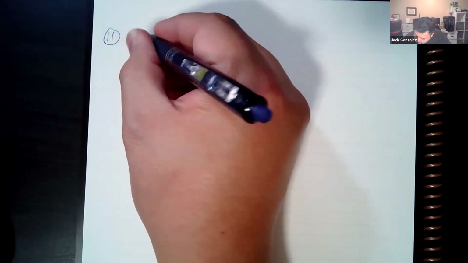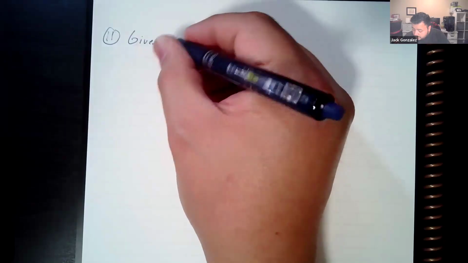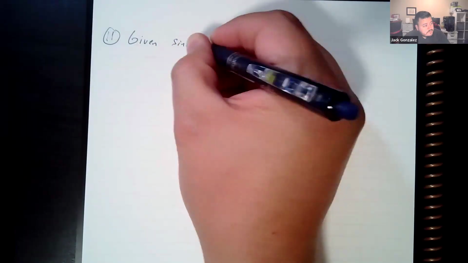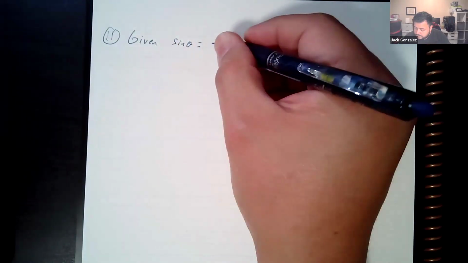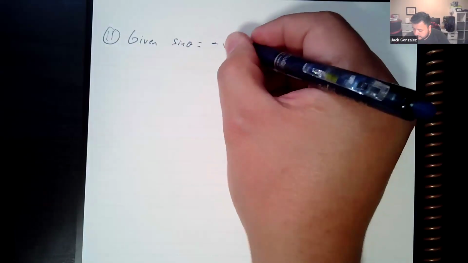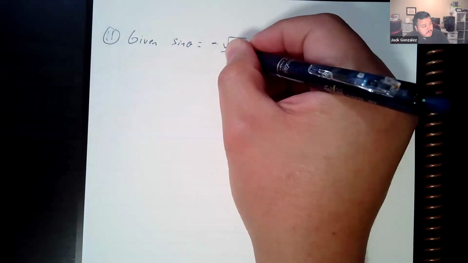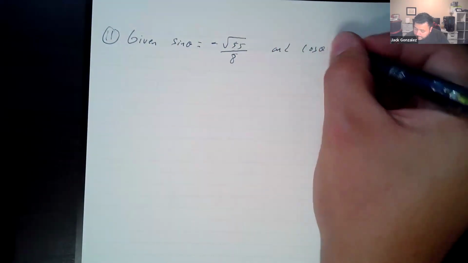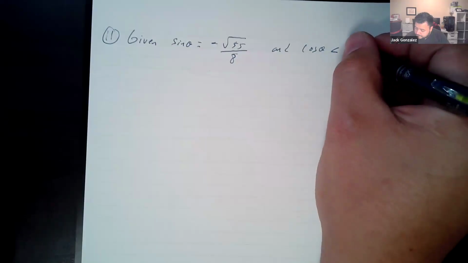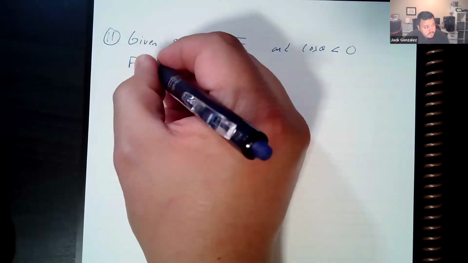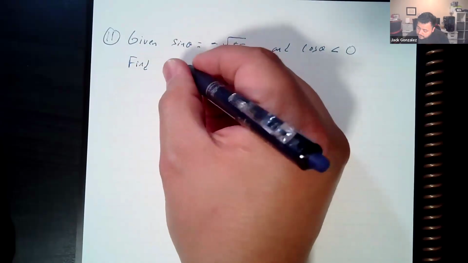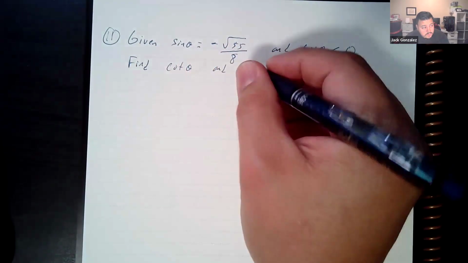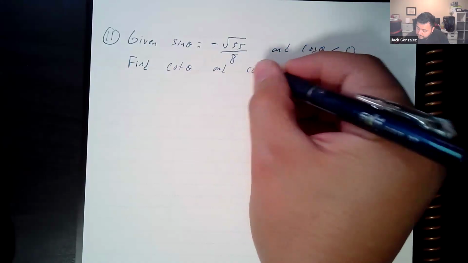Given that sine theta is equal to negative square root 55 over 8, and cosine theta is less than 0, find cotan theta and cosine theta.